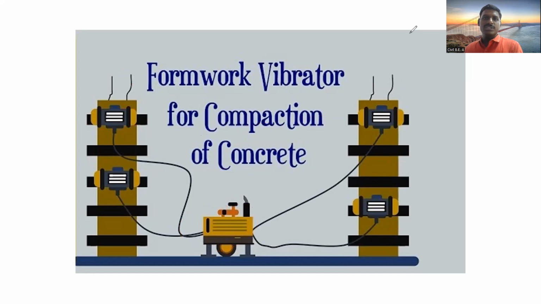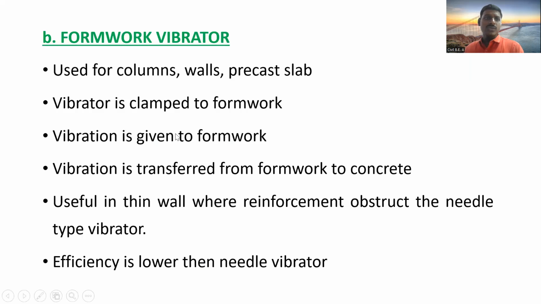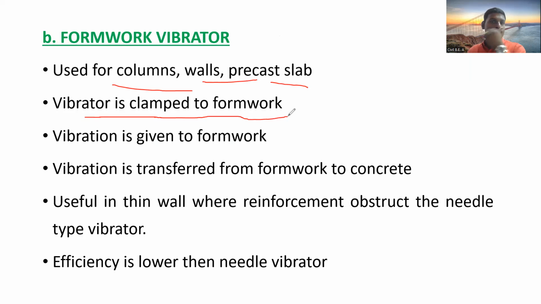So how does the formwork vibrator look, or what are some specifications of formwork vibrators? As I told, we use this vibrator for columns, walls, and precast slabs. The vibrator is clamped to the formwork. So if a column or precast slab is there, externally on the formwork this vibrator is attached or clamped, and we give the vibratory load.